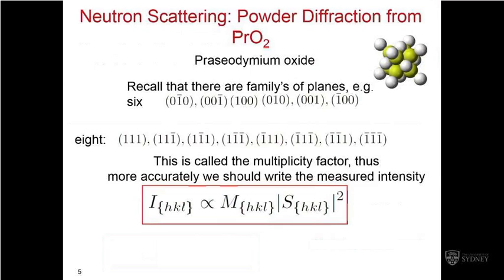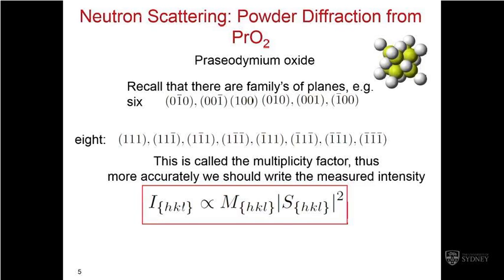You also get this m here, which is the multiplicity of the particular HKL. For example, this was actually, I think, on one of your quizzes, or it might be on your assignment, to find out how many of the 111 indices belong to that 111 family.